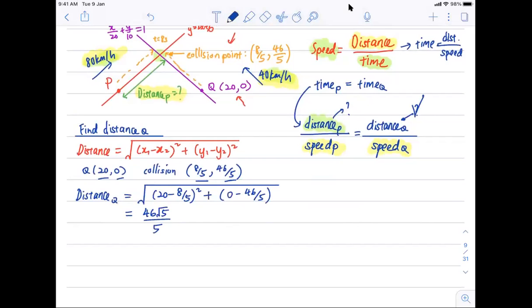We can substitute all the numbers to find distance P. So distance P is unknown, we want to find. The speed P is 80 km per hour. And the distance Q, as we have found here, is 46.5 over 5.